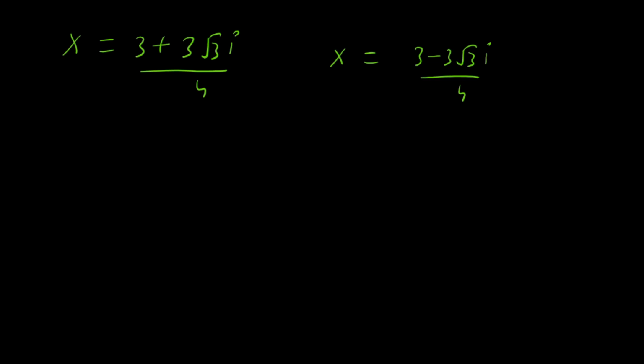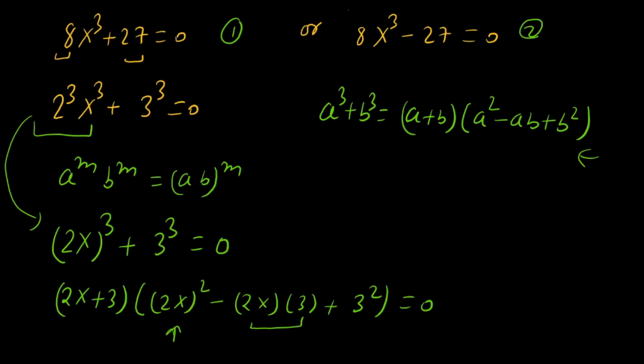Now if we solve the second case, 8 times x power 3 minus 27 is equal to 0. This 8 times x power 3 is the same as (2 times x) power 3, minus this 27 is the same as 3 power 3, and this is equal to 0.